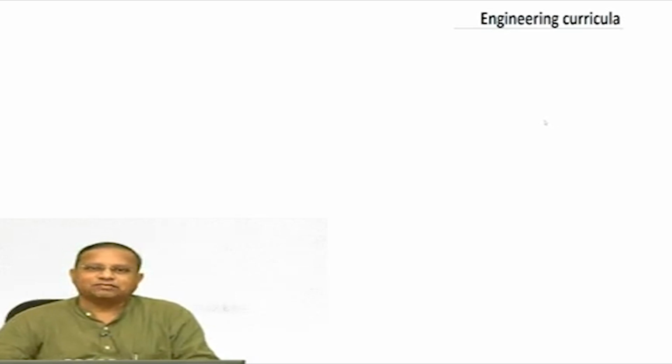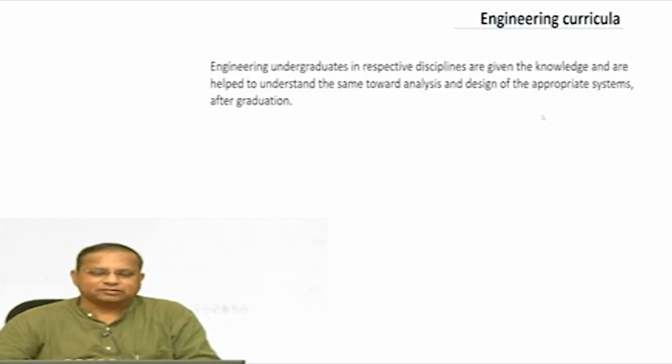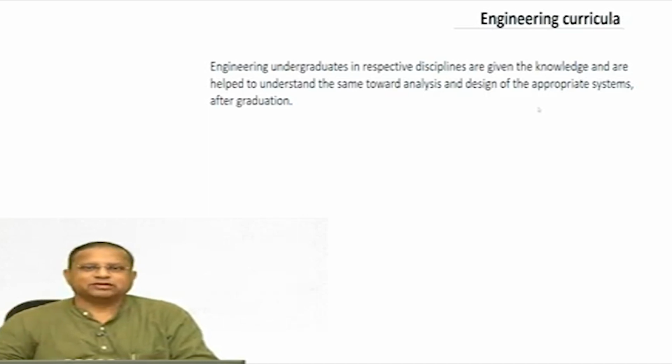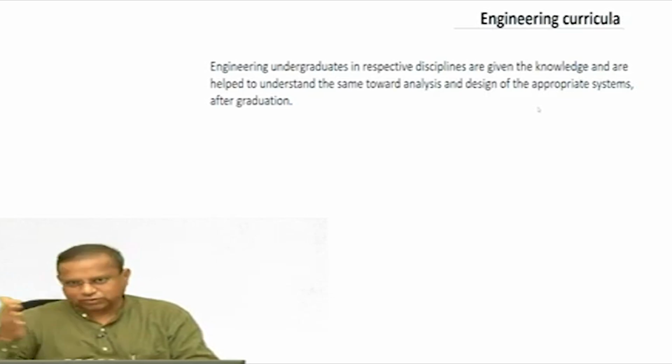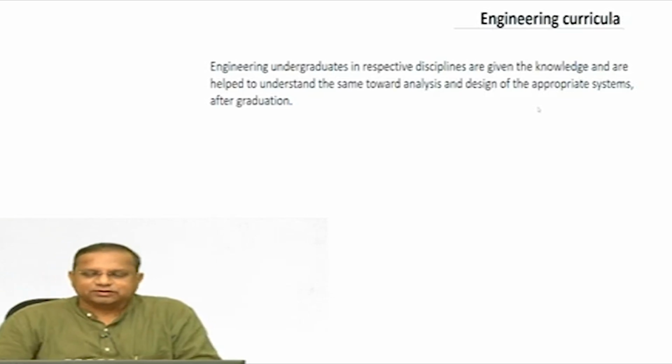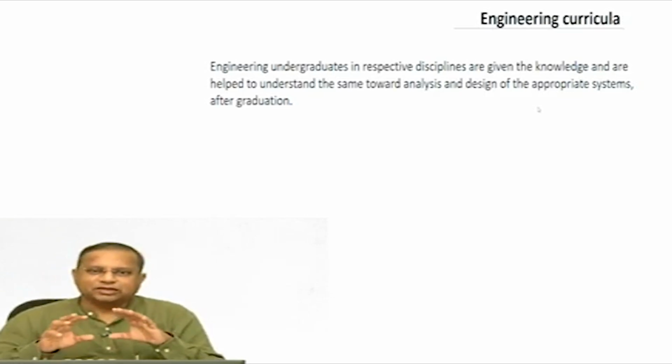So let's start with the engineering curriculum. If you look at any engineering curricula, it is something like this. The engineering undergraduates in the respective disciplines, whatever it be, it could be electrical engineering, mechanical, chemical, biological engineering, metallurgical, whatever you talk about, are essentially given the knowledge.